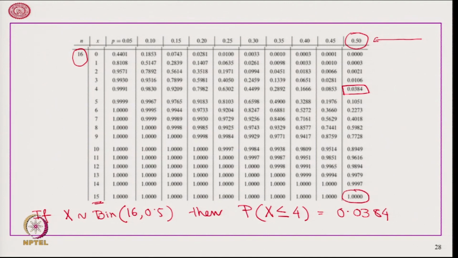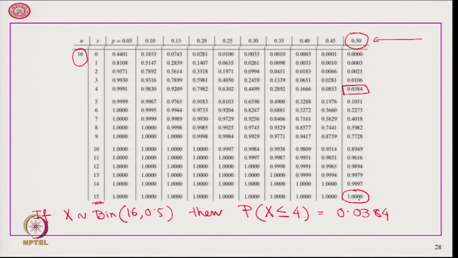It is showing that if x is binomial 16, 0.5, then cumulative probability x less than or equal to 15 is equal to 1. Some of you may think how it can happen, because if x is binomial with n is equal to 16, then there is a positive probability that x will take the value 16.